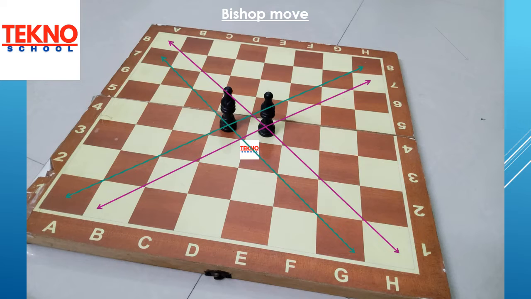Bishop move. Bishops can move both forward and backward diagonally across any number of squares all through the chessboard. Here you can see king bishop and queen bishop moves.